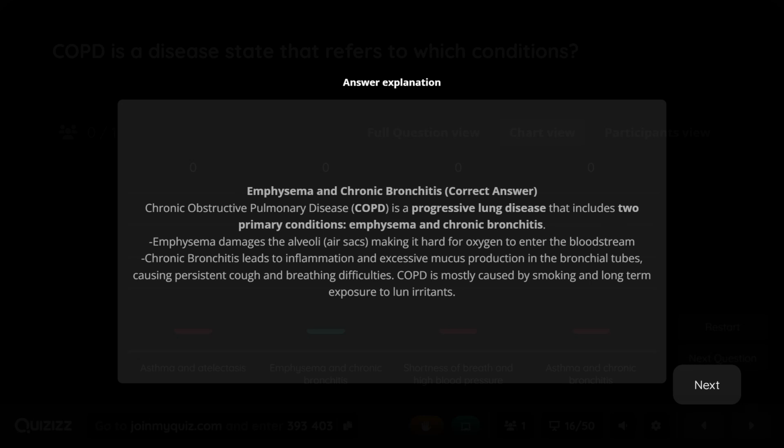And this makes it hard for oxygen to enter the bloodstream. Chronic bronchitis leads to inflammation and excessive mucus production in the bronchial tubes. And in turn, this causes a persistent cough and breathing difficulties. Now, COPD is primarily caused by smoking and also long-term exposure to lung irritants.